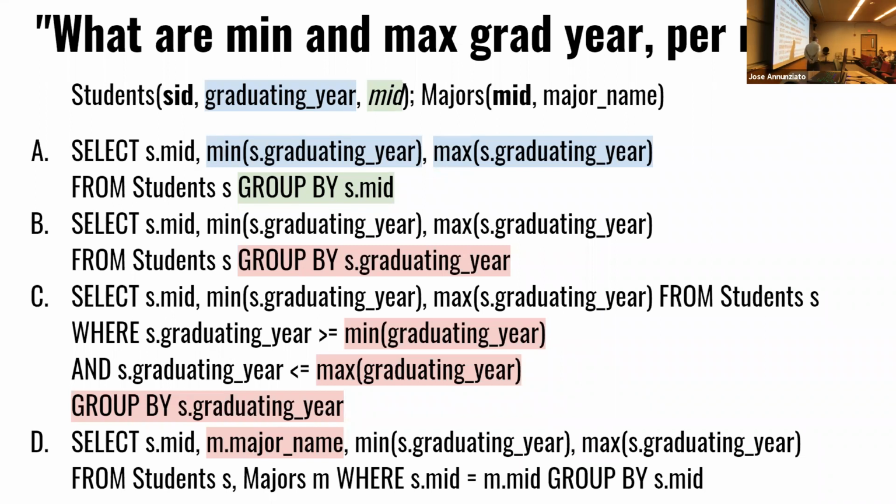If we want to include the major names, what would we change? So for instance, you could find a value here, which could be an inline view that's calculating something. And once you have that calculated value, then you can use it in an outer query, right?